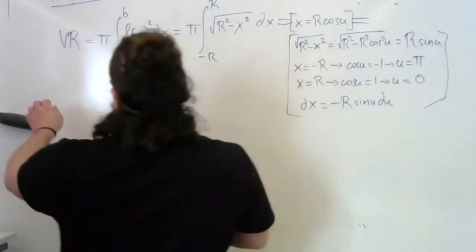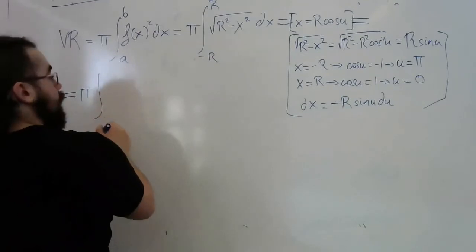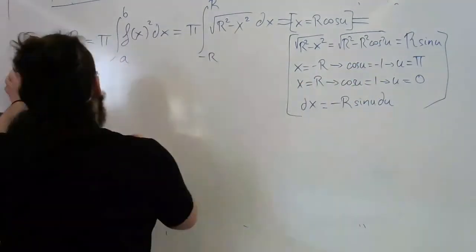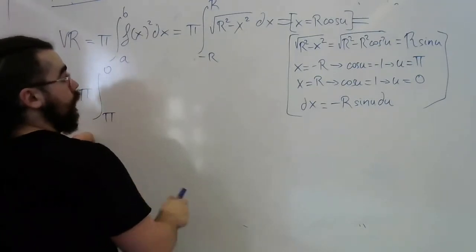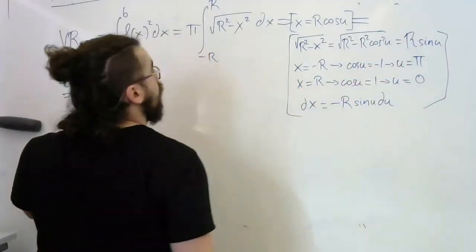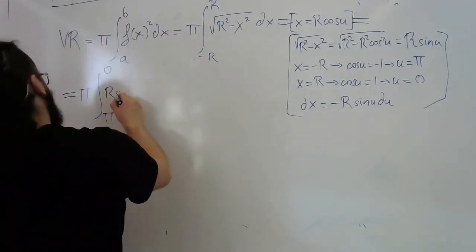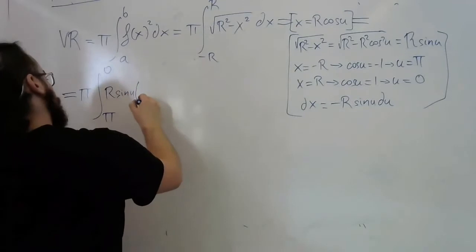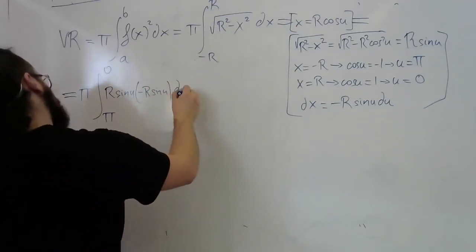So let's rewrite this integral. We rewrite it as pi integral from minus r pi to 0 of r sine of u minus r sine of u, differential of u.